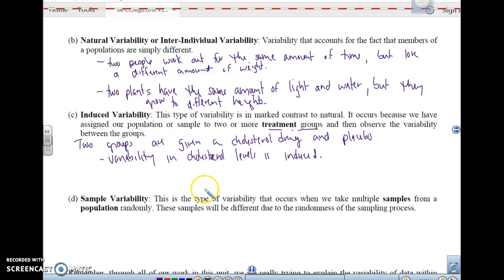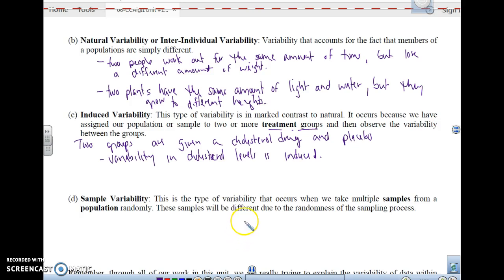We're putting something into groups and comparing the two groups based on different things that we want to measure. So the variability is going to be induced because one has cholesterol drug and one does not, and we want to see if there's a difference there. So that is induced. That one is used a lot when you see blind tests and that kind of thing, double blind tests. So when you are looking at induced variability, you are putting something into groups to see what happens.